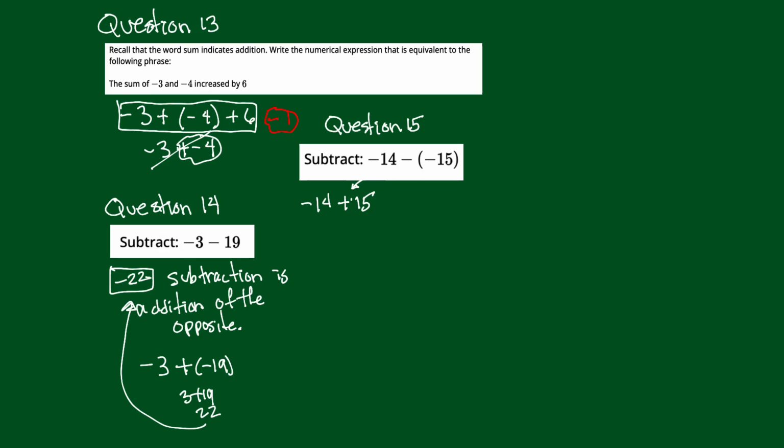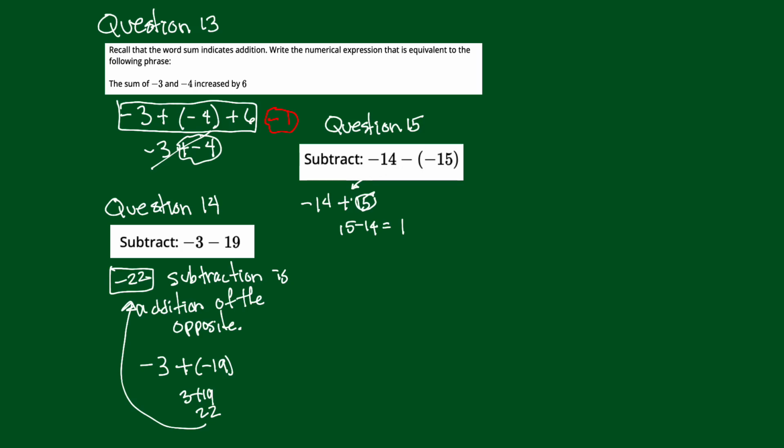Now what I've got is an addition of two numbers with opposite signs. If they have opposite signs, I just make a subtraction. Seems like we're going in a circle, but I subtract larger absolute value minus smaller absolute value. So I'm going to get 15 minus 14, which is a 1. Then I use the sign of the larger absolute value.